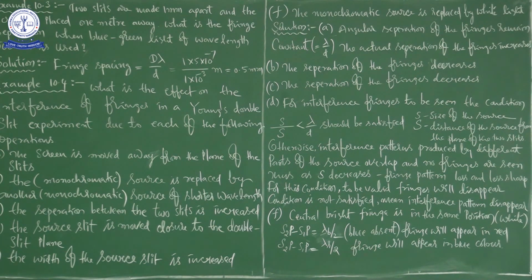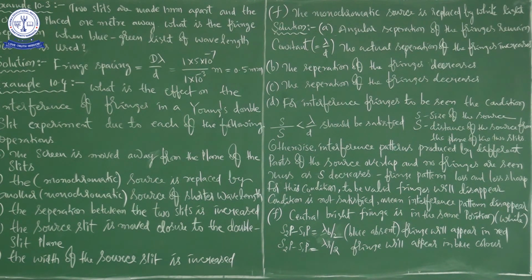So here you can say that the fringe closest on either side of the central white fringe, either top side or bottom side, is red, and the farthest will appear as blue.